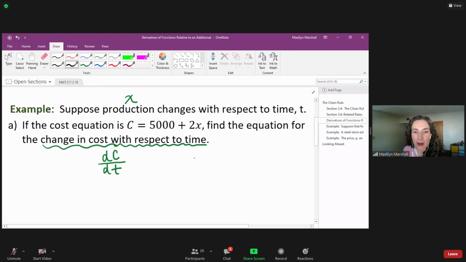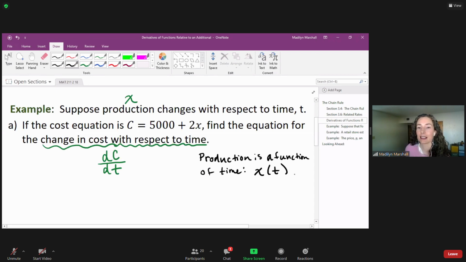However, we have to remember that now production is a function of time. So if production changes with respect to time, x of t is our production function now.